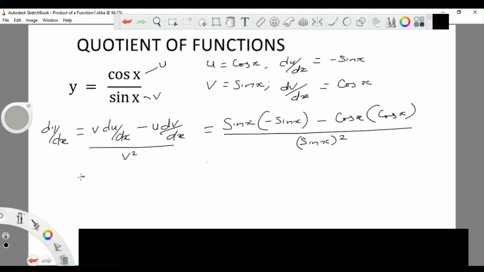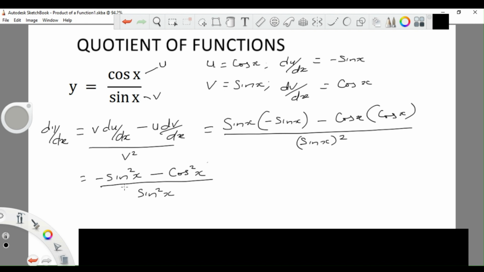So therefore what we have, sine x times negative sine x will give us negative sine squared x. Negative is negative. Cos x times cos x will give us cos squared x over sine x squared will give us sine squared x.